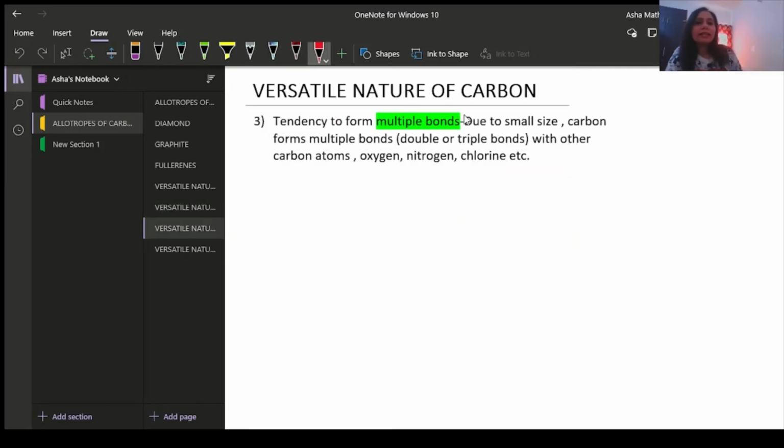Now the third is the tendency to form multiple bonds. For example, carbon forms a single bond with another carbon atom, it can form a double bond also, and it can form a triple bond also. Not only this, it can have multiple bonds in the same compound, like this.